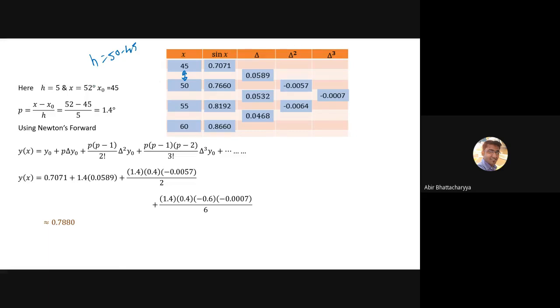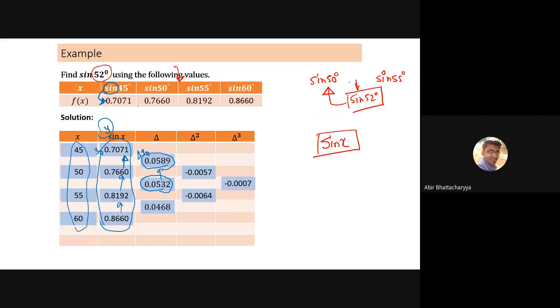You can skip this degree sign, you don't need it, because I'm not using the sign. So x equals 52 and x naught equals 45. You may ask why x equals 52: because we have to find sine 52 degree, the approximation or estimation of sine 52 degree.